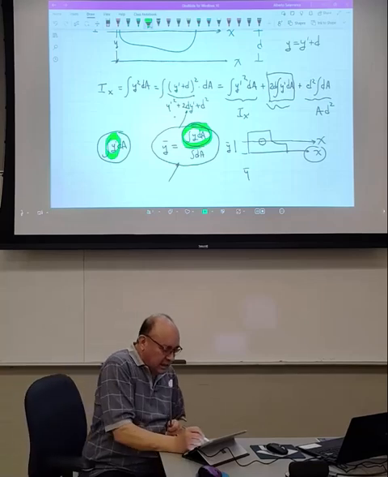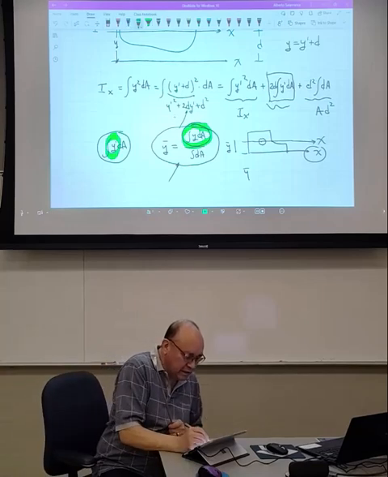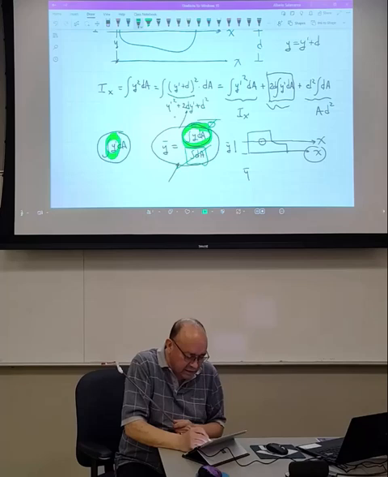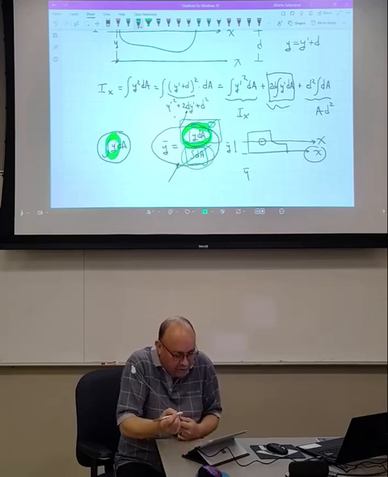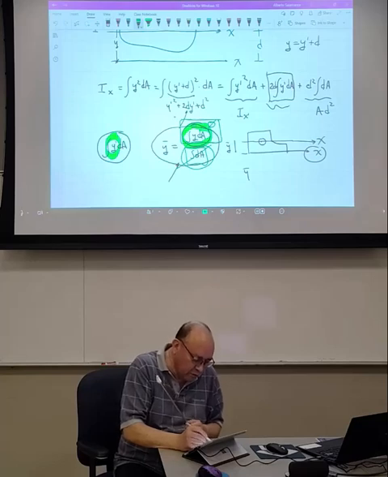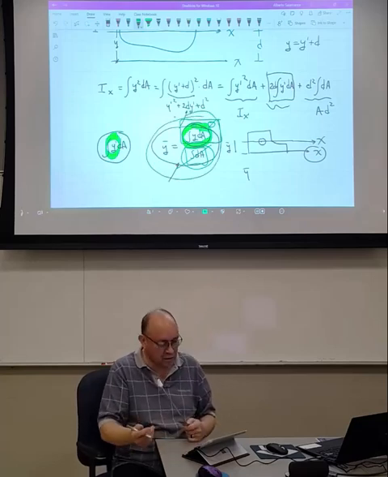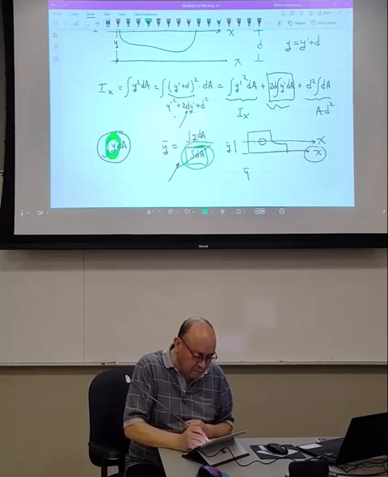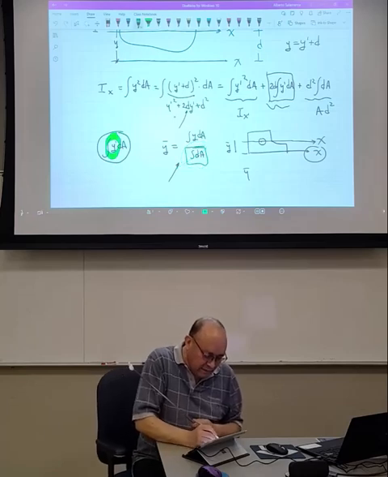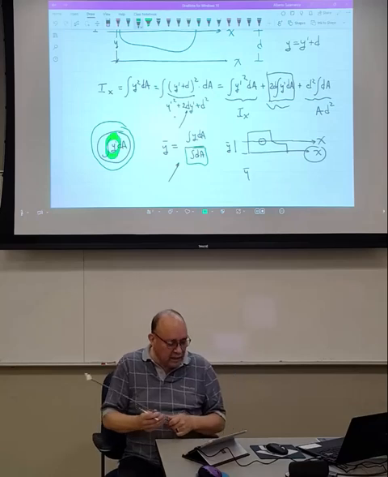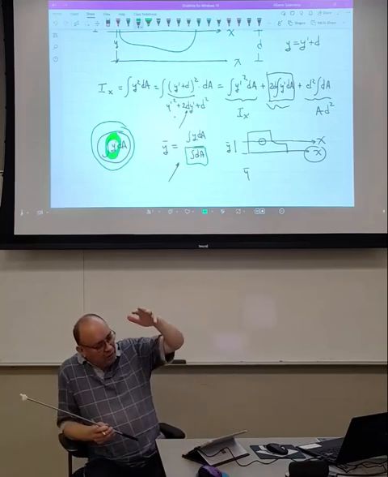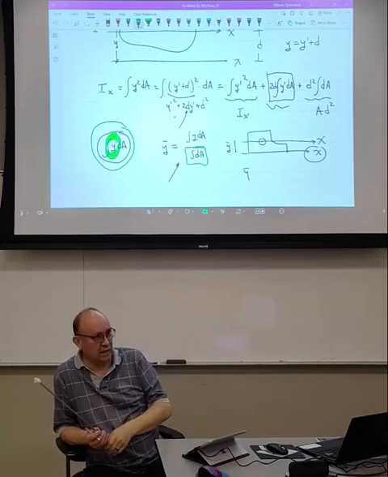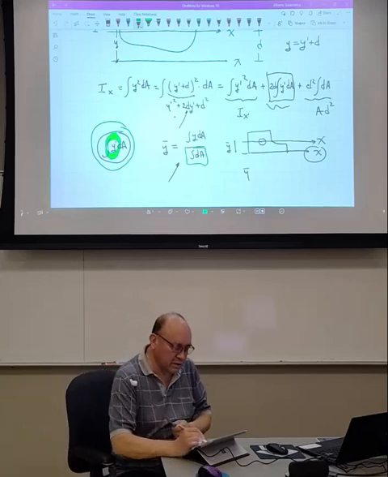So you're going to get a 0 here, which is 0 divided by the area. The area of the figure is not 0, so in order for this expression to be 0, the numerator has to be 0. So this integral is the integral that you would use to calculate the centroid of a figure when the axis of reference is going through the centroid. So this integral is 0.